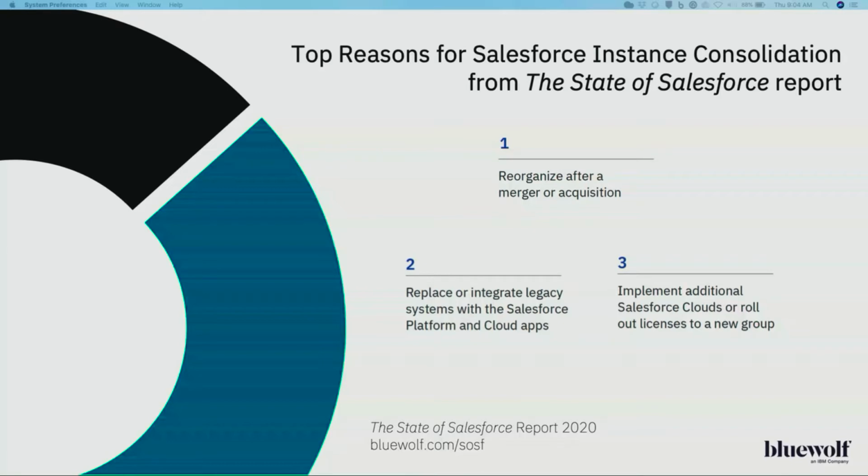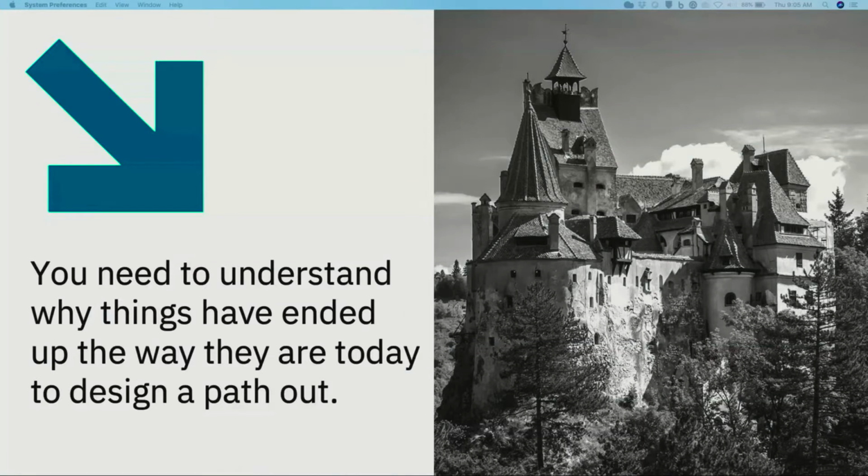And all of those things tend to stack on or pile on to create this monster that gets sort of bolted together. And my philosophy is that you sort of need to understand why you got where you are to get out of the mess that you're in and develop a path forward. Some of that is technology. Some of that is the business reasons. It may be that you've ended up with an instance that the business started with and technology is taking over.